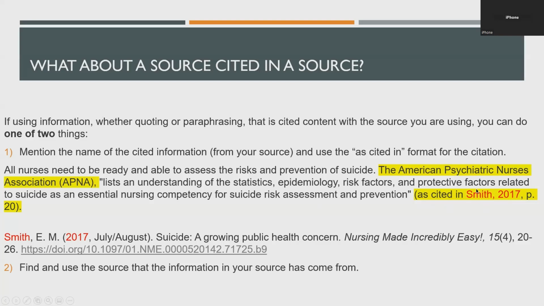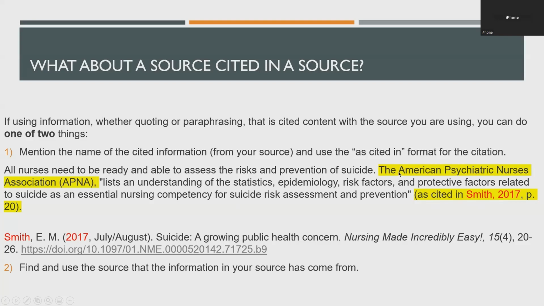So I read Smith. Smith got that information from the American Psychiatric Nurses Association. So in this example, Smith is who I read. Smith got their information from this organization. So that's how you would handle that. As cited in, you put here what you actually read, but in your sentence, you would still want to give credit to the original person.